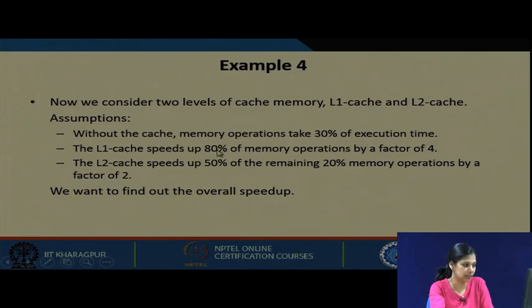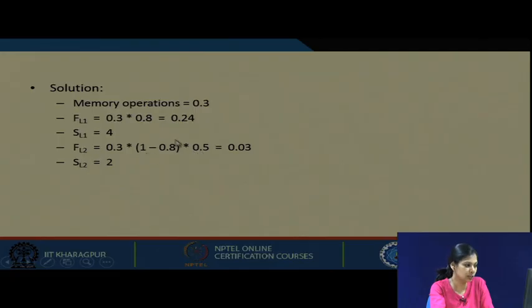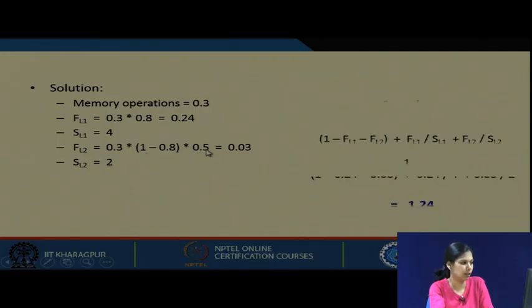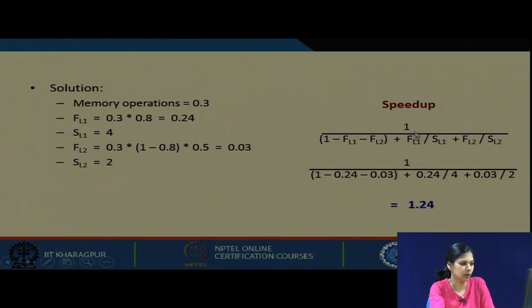Now, we put these values in the formula: 1 divided by 1 minus FL1 minus FL2 plus FL1 by SL1 plus FL2 by SL2, and we get a speedup of 1.24.